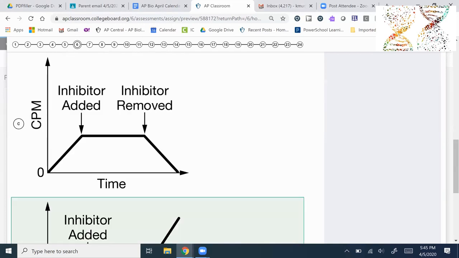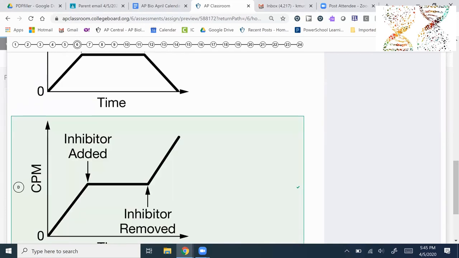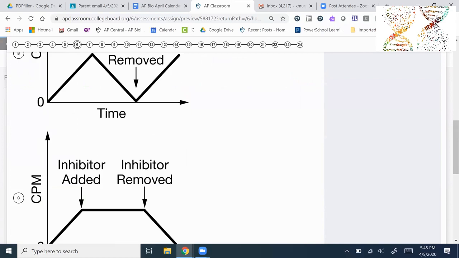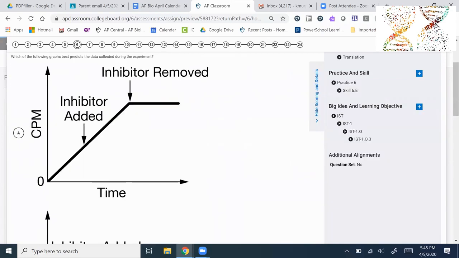All right, so, okay, inhibitor added, looks like nothing's happening, it's steady. So remember, this is the counts per minute. All right, so then an inhibitor removed, it looks like it goes up. Well, let's go back up to the reading again, because you're always between two when you're doing these questions.